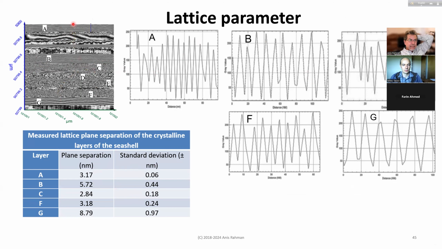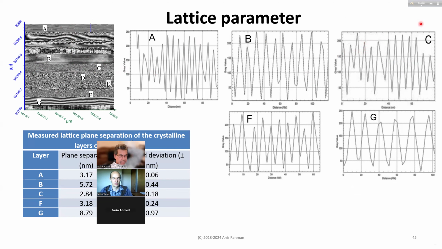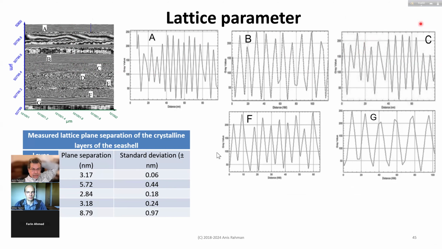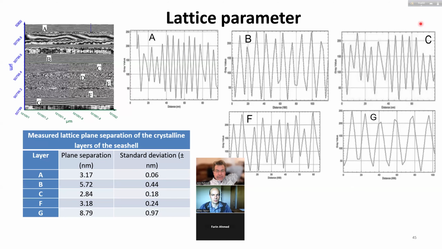So we have taken A, B, C, F, and G. The rest of them are not very crystalline.